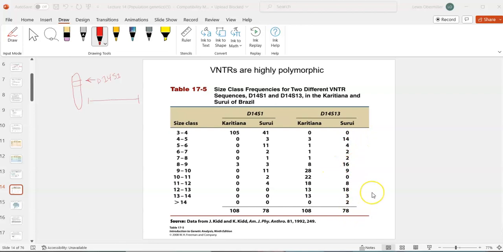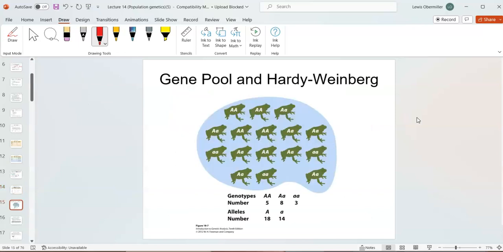So a lot of variation. The reason I'm showing you that is that it's a polymorphism and we can use it to identify or look at relatedness between individuals, which we've already talked about.